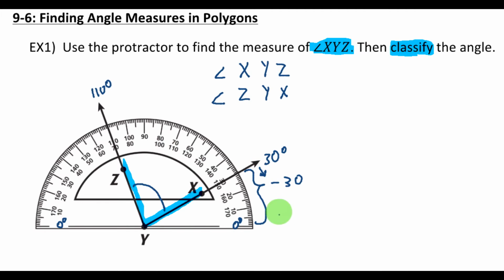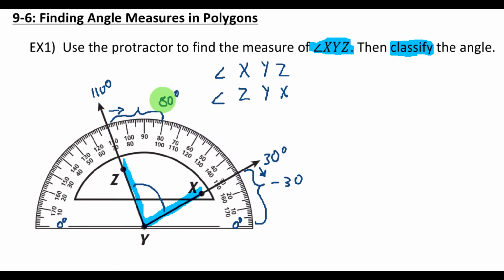So I'd move it 30 degrees in a clockwise motion. Well, as this ray moves, simultaneously this other ray would move clockwise. It would move 30 degrees as well. So as it passes 30 degrees, it would land on, it looks like the 80-degree mark. So it looks like this ray, if we had moved both rays clockwise 30 degrees, it would land on 80 degrees here. Let's go and fix that 8 real quick. So maybe the measurement's 80 degrees.